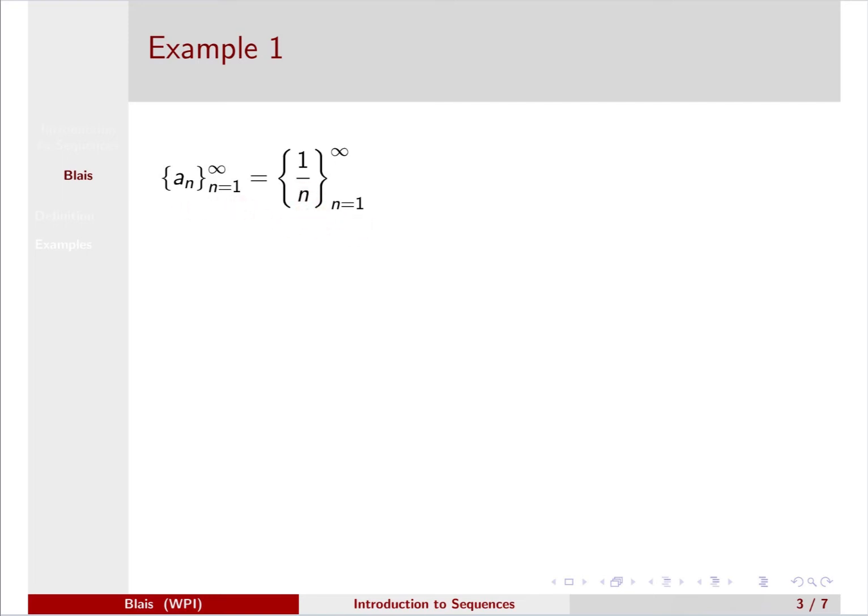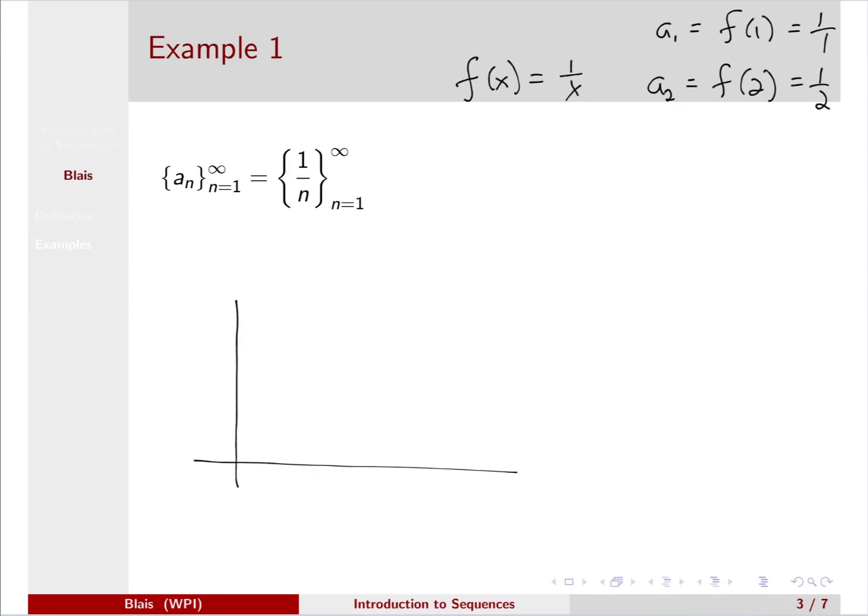In this case, this would be the case of saying your function f of x is 1 over x, and if you plug in, say, 1, a1 is f of 1, or 1 over 1. a2 is f of 2, or 1 over 2. And you can think of the function 1 over x.